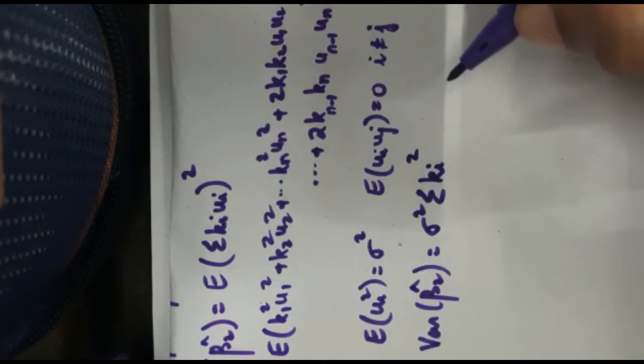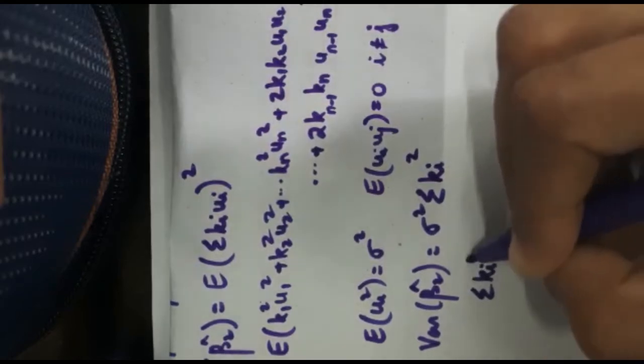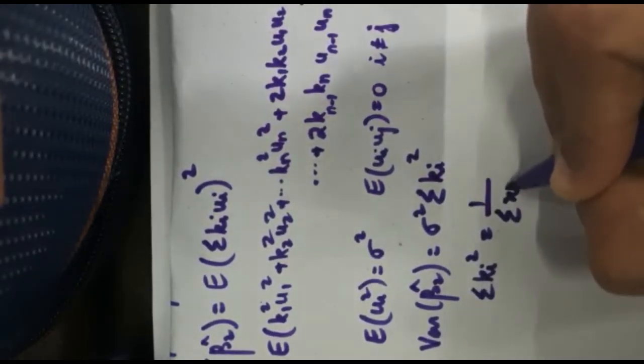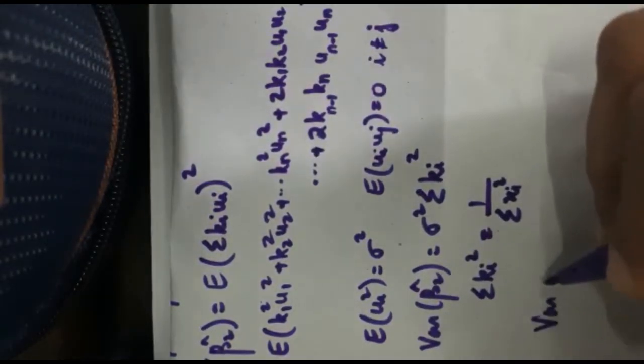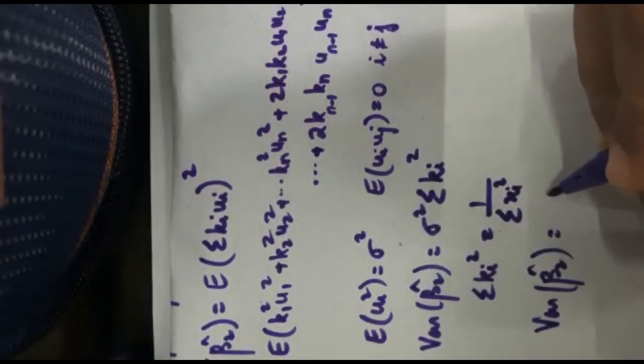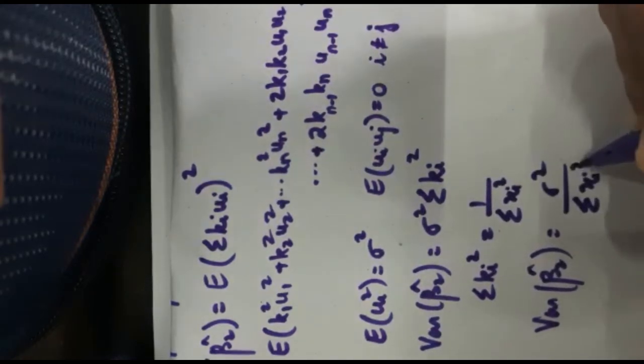Now again, from the properties of ki that I had discussed, I had shown that summation of ki squared is nothing but 1 by summation xi whole squared. So using this, I can write variance of beta 2 hat as equal to sigma squared divided by summation xi squared.